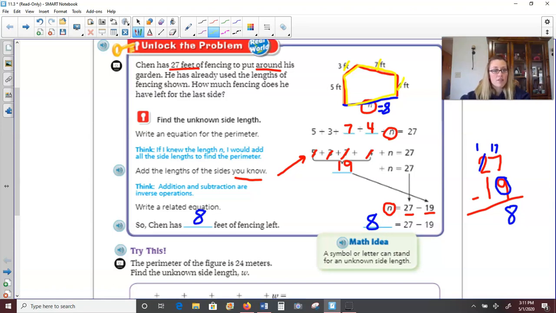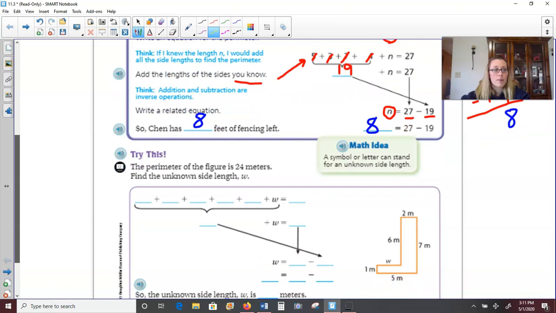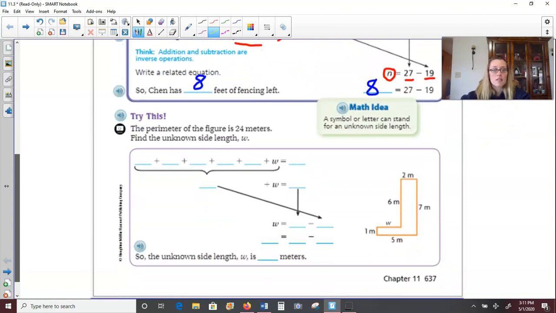And then let's do 4 plus 8, which is 12. So 10 and 12 make 22. And then adding 5 more, 23, 24, 25, 26, 27. So all 5 numbers around his garden added up to be 27, which was the perimeter or how much fencing he had to go around. So we can easily check our work to see if the unknown number we solved for is indeed correct.